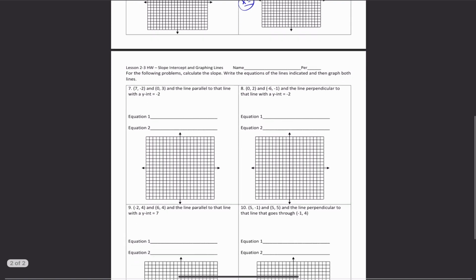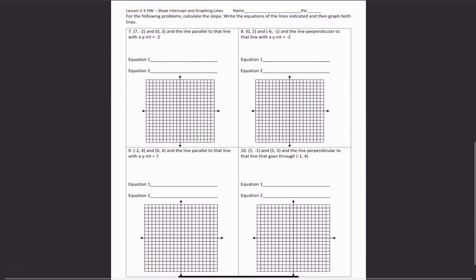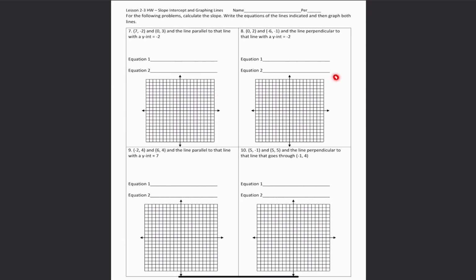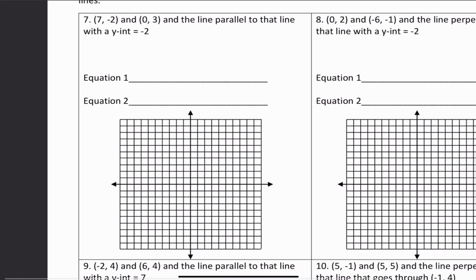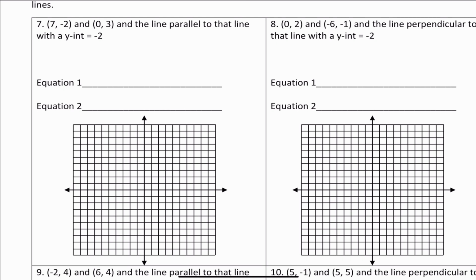Alrighty, so I got a parallel and I got a perpendicular. Let's see what I want to go ahead and do. Maybe I will do number 7 and number 10. Okay. So I have 2 points, 7, -2 and 0, 3, and the line parallel to that line with a y-intercept of -2. So I'm dealing with 2 lines and they are parallel to each other, okay?